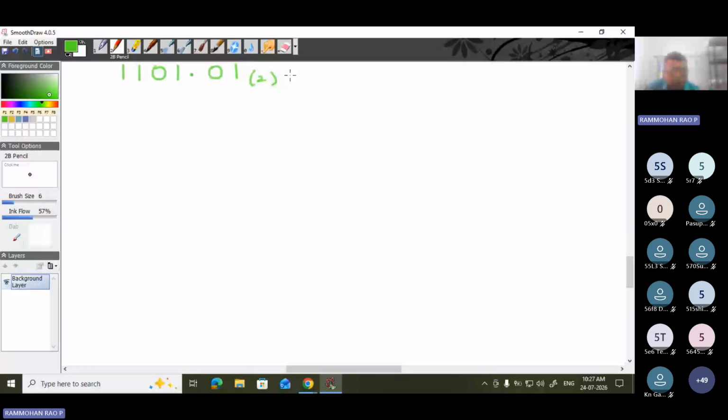Let me confirm whether this is correct or not. How do I confirm? This is the binary number. Convert this binary to decimal. What I should get is 13.25. Let me check that. 1101.01. The multiplication method is applied when we convert binary to decimal. Division is done when we convert decimal to binary. So I should do multiplication.